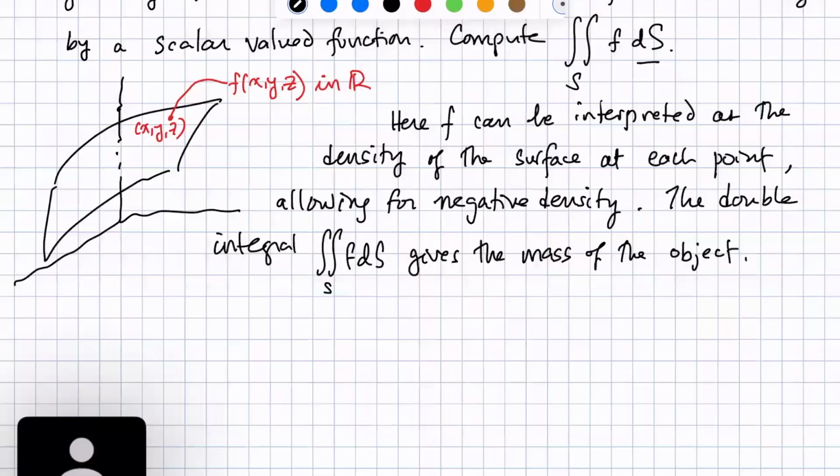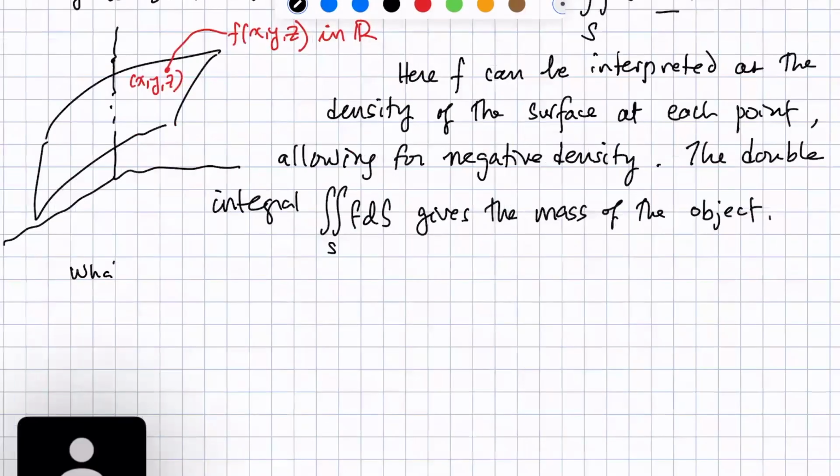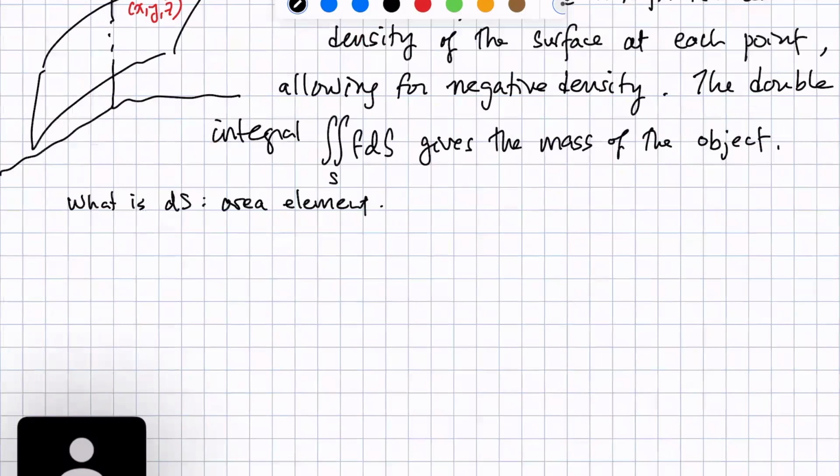Now, let's just figure out what is this dS? This is an area element. And the way that we compute this is the following. Recall that the parametrization T is given by this right here.